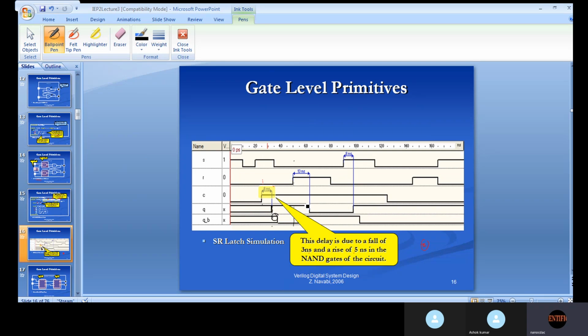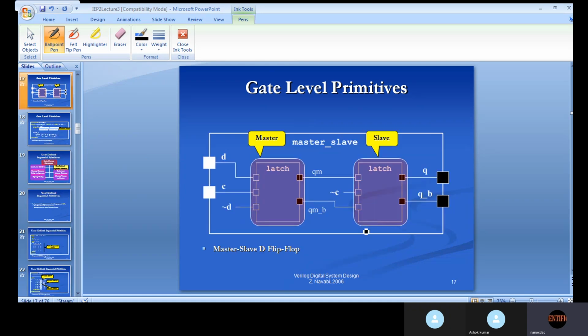And here also, Q is falling down, Q bar should be high, but it is taking some time. Here also Q bar should go low, but it is taking some time. Okay, so the 3 nanoseconds and 5 nanoseconds rise time and fall time it is taking.